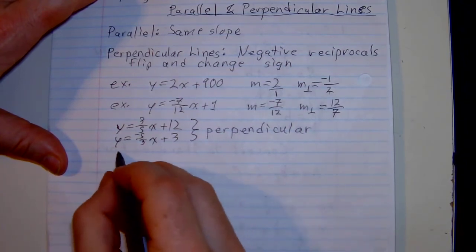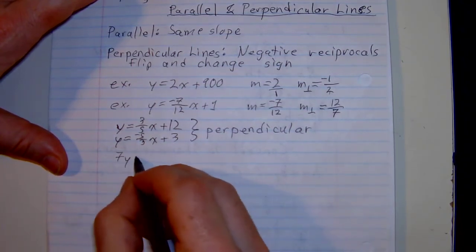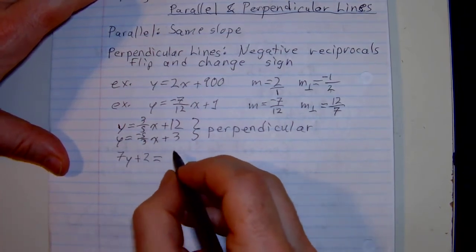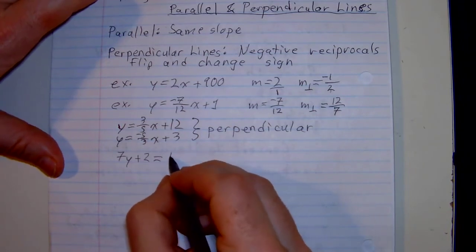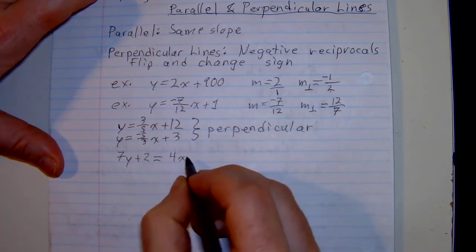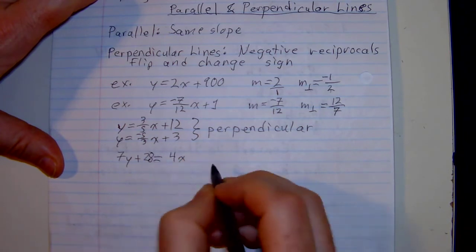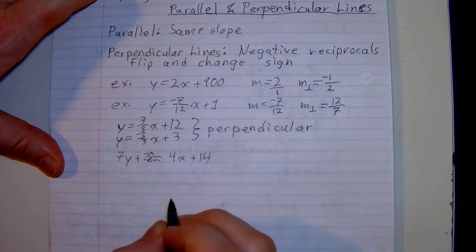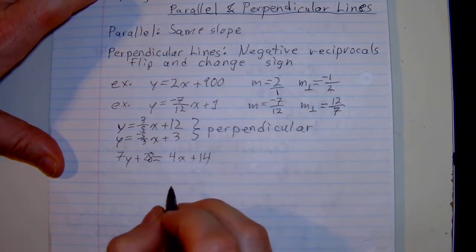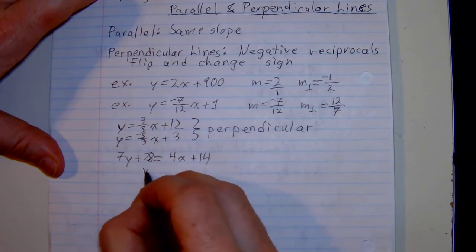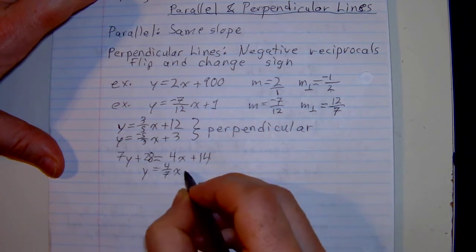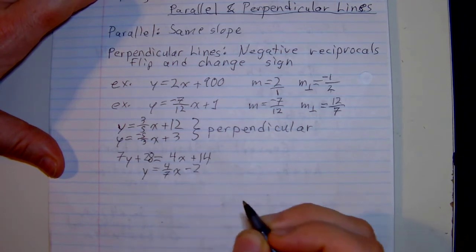So here is a different one: 7y plus 28 equals 4x plus 14, and y equals 4/7 x minus 2.